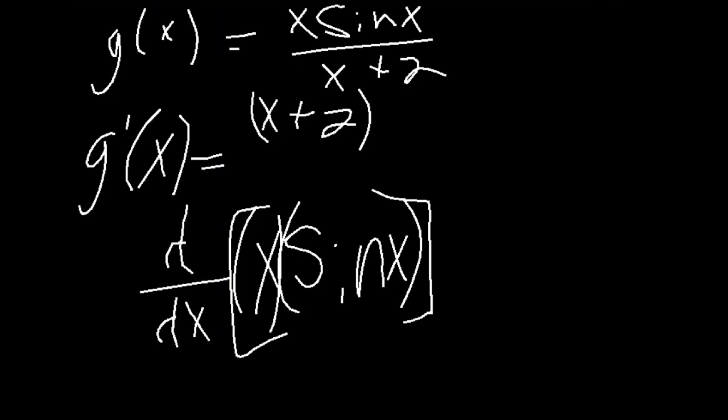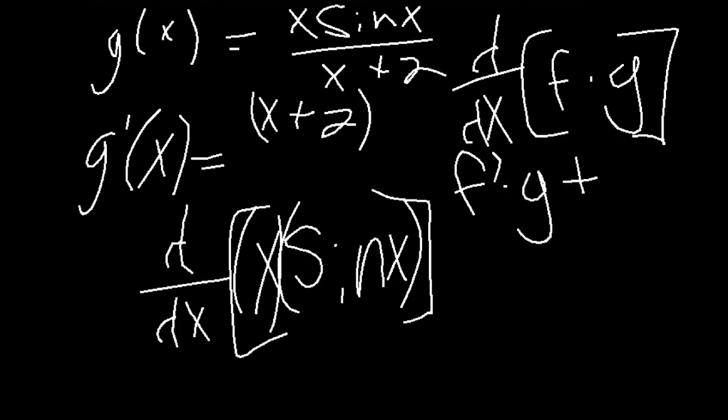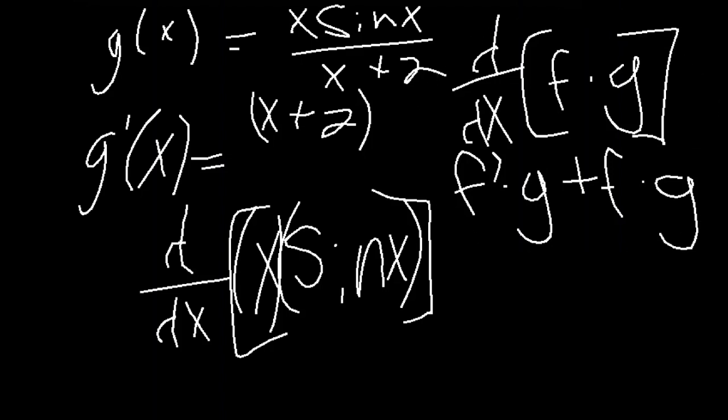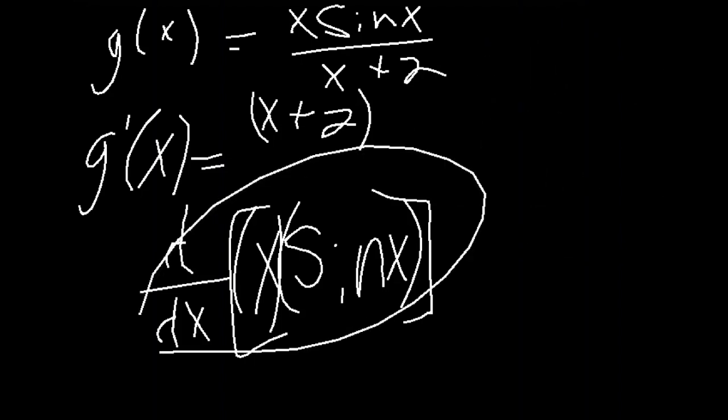So if you remember product rule, it states that when you have the derivative of two functions, it can also be rewritten as the derivative of x times the non-derivative plus the non-derivative times the derivative, right? This is product rule.